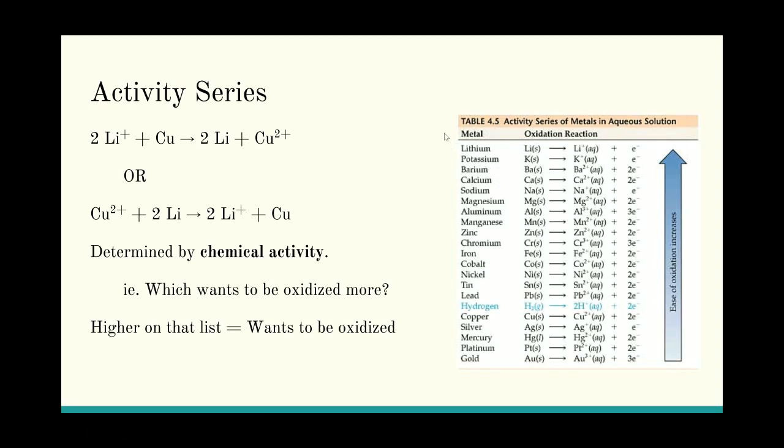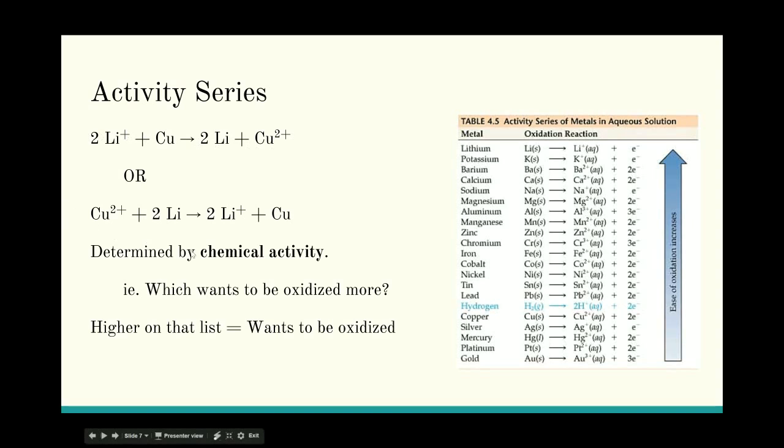So the chemical equation that shows lithium being oxidized is going to be the correct one. A chemical equation that shows copper being oxidized and lithium being reduced is wrong. So that means that this reaction up top is wrong. Lithium is going to end up in its ionic form.